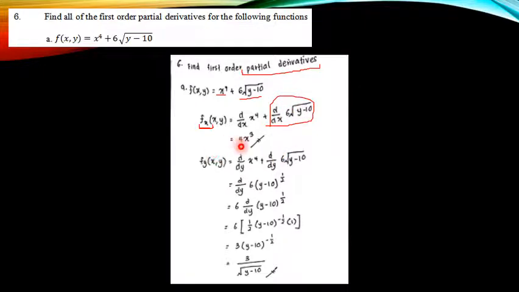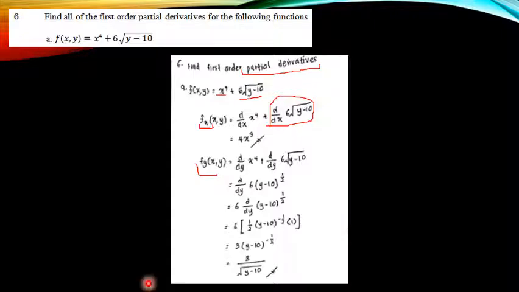So we find the derivative for f x is 4x to the power of 3, 4x cubed. The next one is for f y, where d over dy of x to the power 4 plus d over dy of 6 square root y minus 10.